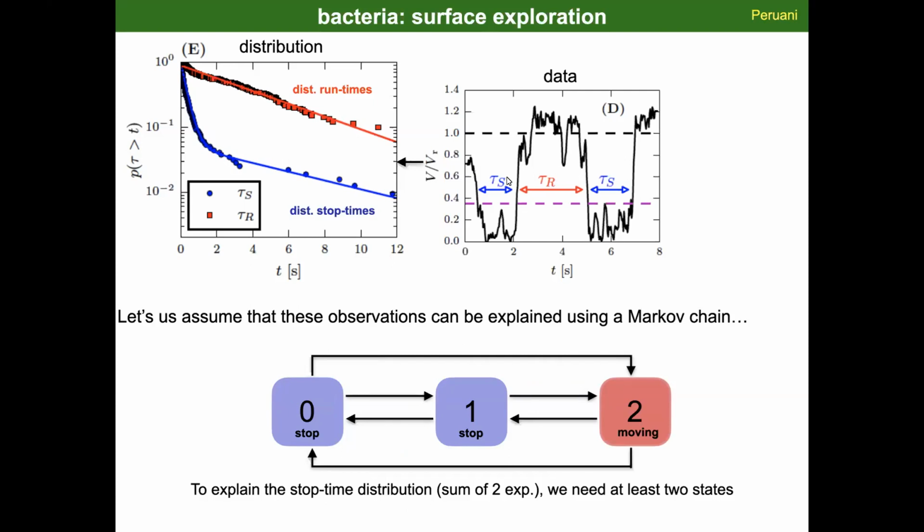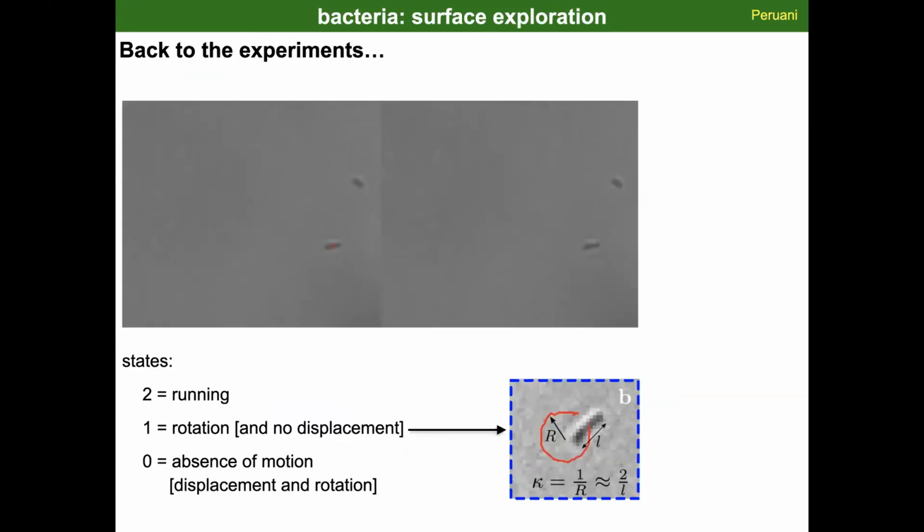And now we are saying that we need to include three behavioral states to describe the system, two of them associated with the stop regime. So one may ask which are these two states? And in order to find out, we will revisit the experiments.